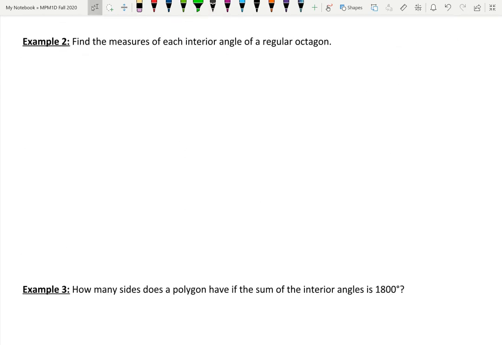Example 2. Find the measures of each interior angle of a regular polygon. So remember, a regular polygon means that all angles are equal. Okay, so I'm going to read the question again. Find the measures of each interior angle of a regular octagon.